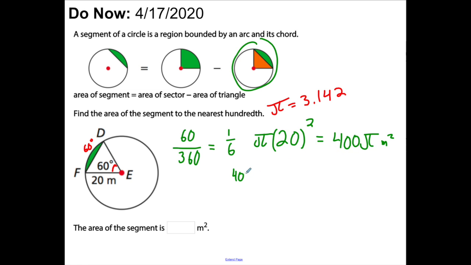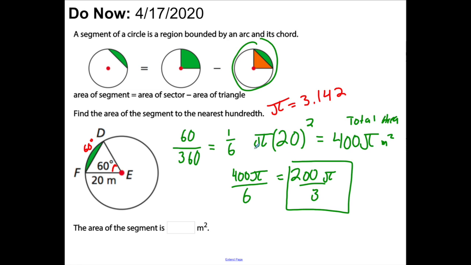So 400 pi is the whole area, and I divide by 6 to get the area of just the sector, because the sector is a sixth of the total area. When I do that, I can simplify. That's 200 over 3 pi. So that is the area of the whole sector.